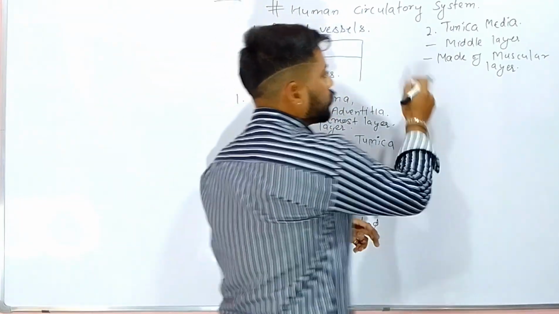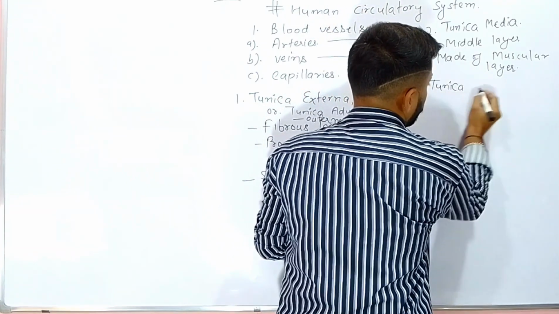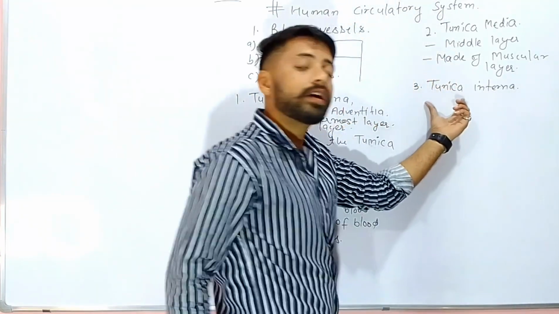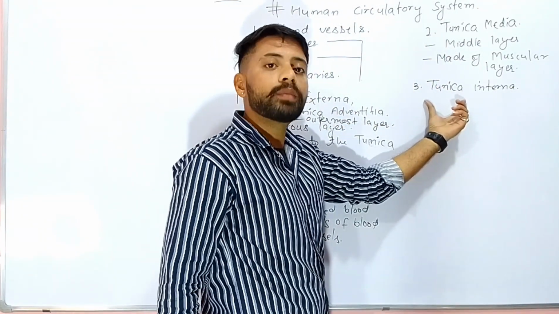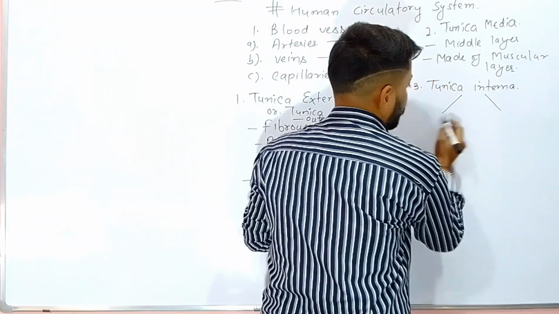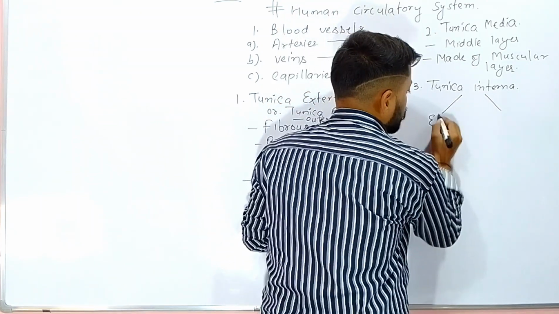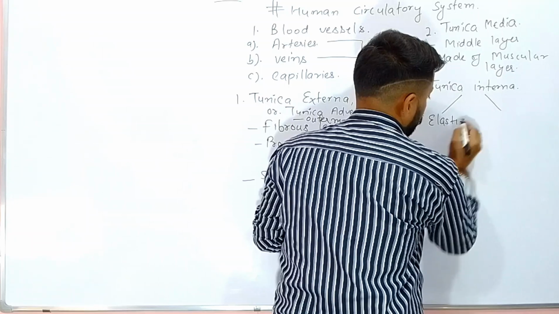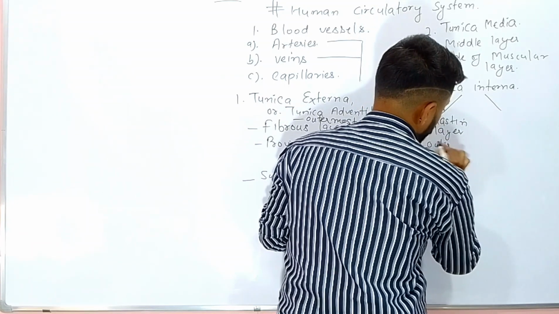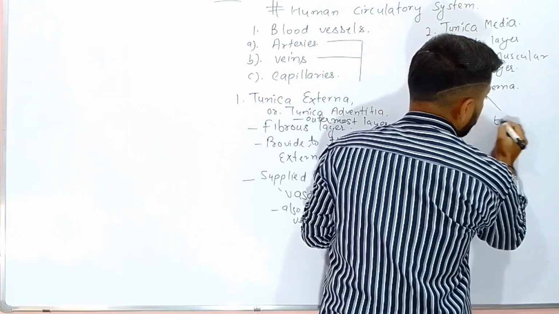Inner to it, the innermost layer is the tunica interna. Tunica interna is divided into two sublayers. Out of these two, the outer one is the elastin layer, or elastic layer, and inner to it is the endothelium.